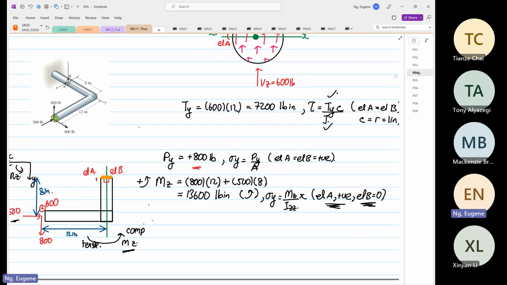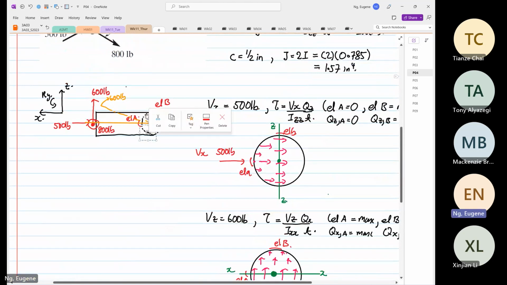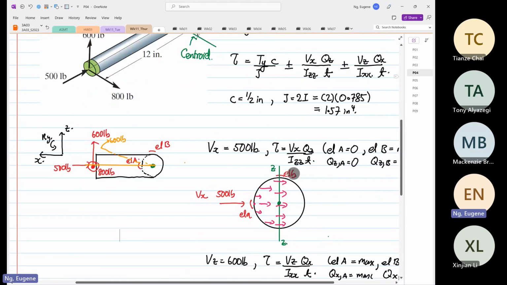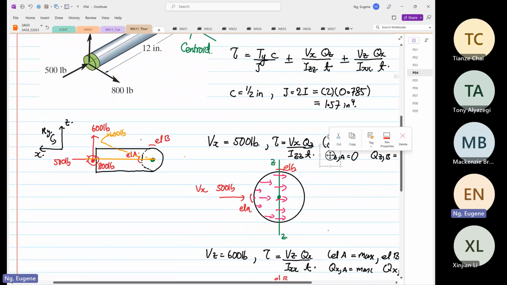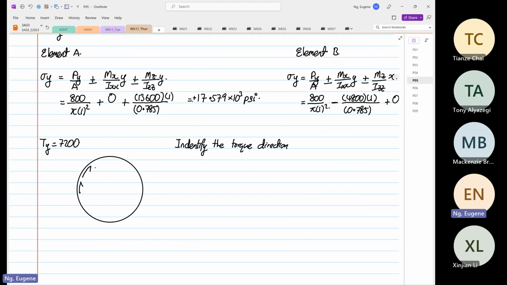So you go over here. The torque is in what? In a clockwise direction, the 600 multiplied by 12. So this is the torque, and it is going to rotate in this direction. Why is that direction important? Because this is the shear that's going to be induced by the torque. You can see that, and the arrows are hopefully the same size because the magnitude is the same.